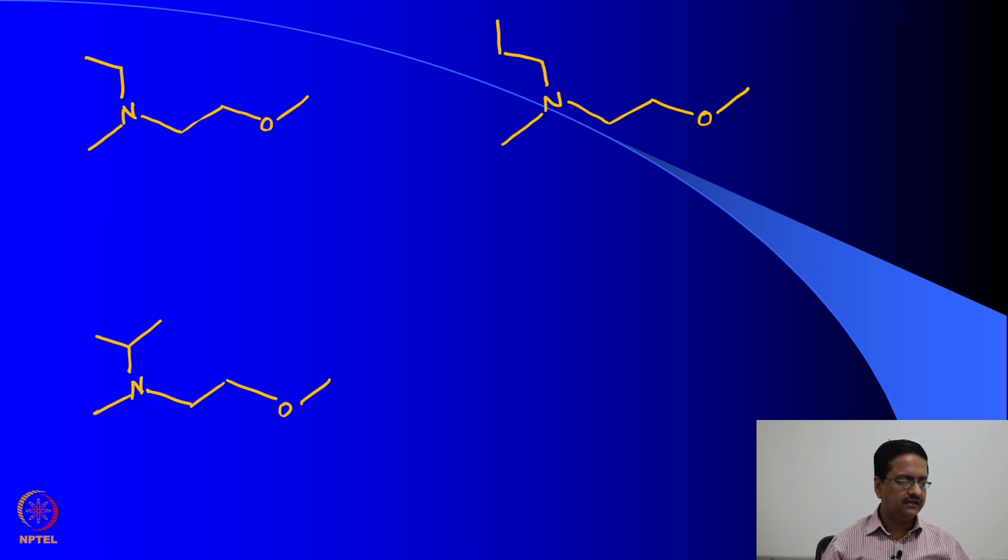So, what we see here in the first molecule among these three, we have this ethane moiety, which can be numbered as 1 and 2, and then on the 2 position we have a methoxy group. On nitrogen we have 1 ethyl and 1 methyl substitution.